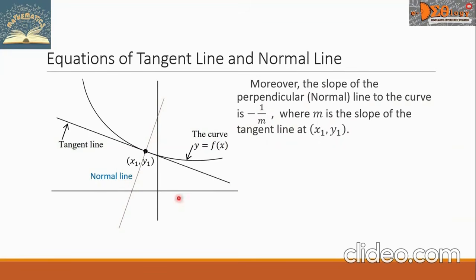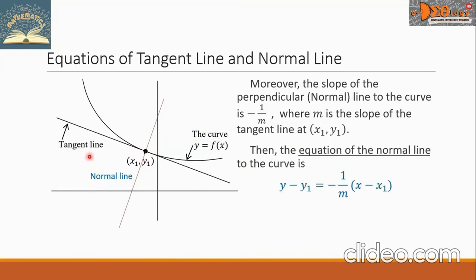In other words, the slope of the normal line is the negative reciprocal of the slope of the tangent line. And the equation of the normal line is this: y minus y sub 1 equals negative 1 over m times the quantity x minus x sub 1.